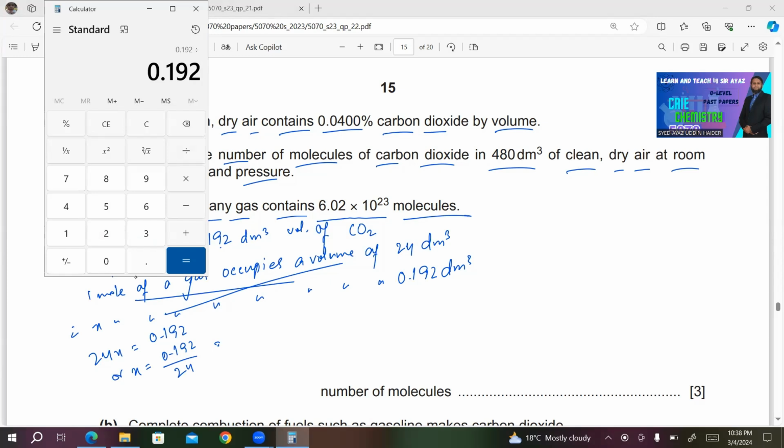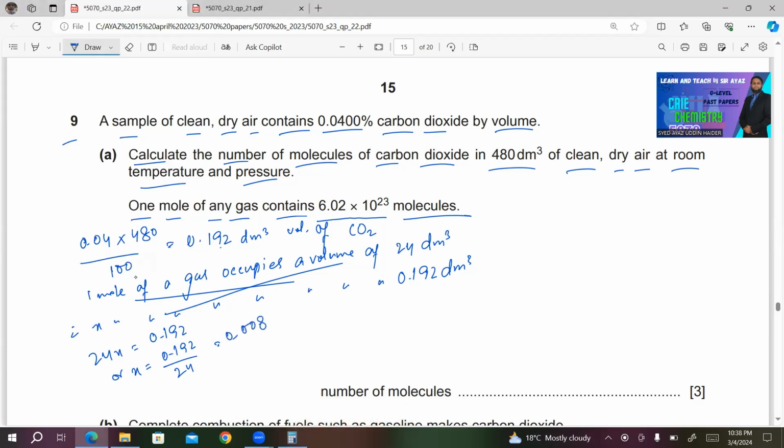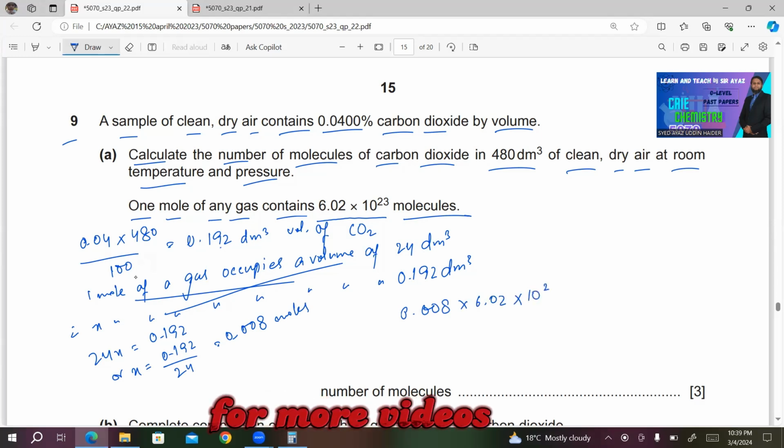0.192 divided by 24, and this will be 0.008 moles. So simply we need to multiply these moles with the molecules in order to get the molecules of carbon dioxide. 0.008 into 6.02 into 10 raised to the power 23.